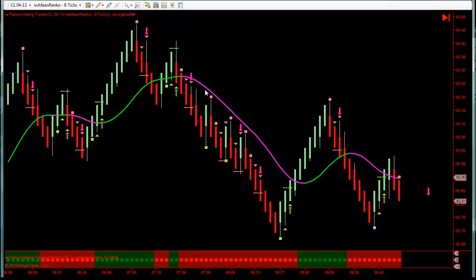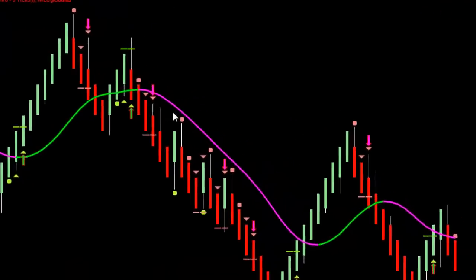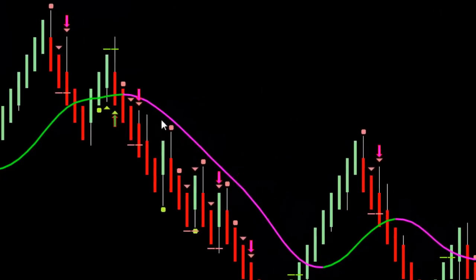So when the trend line changes color from green to red, the market has all of a sudden changed its directional bias. And what we're looking for now is a pattern that I refer to as a down, up, down, or in the case of a downtrend turning to an uptrend, we're going to be looking for an up, down, up.